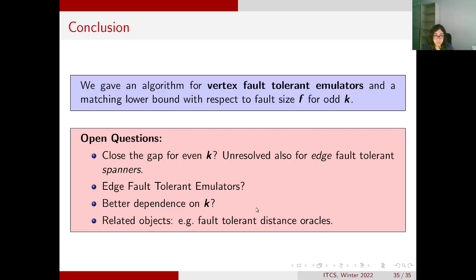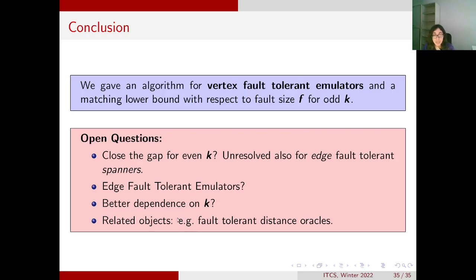The other natural question is, what happens if we consider edge failures instead of vertex failures? Can we get a better size dependence on the number of failures in that case? Another question is, can we improve the dependence on k in the size?